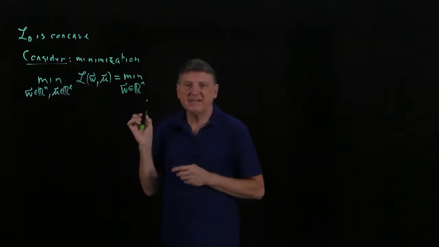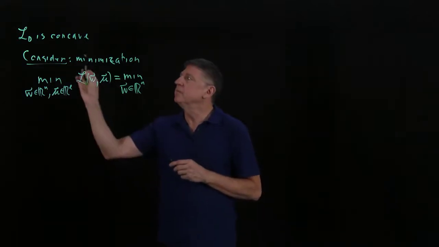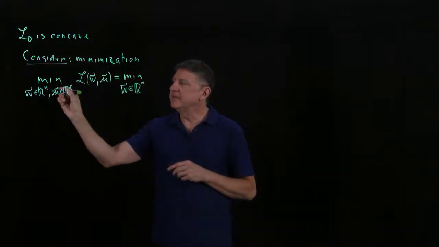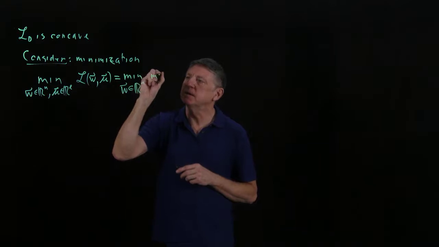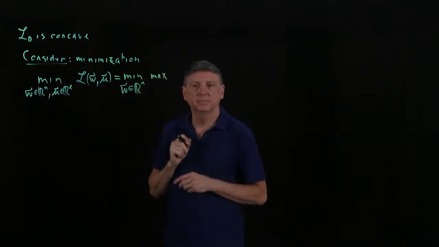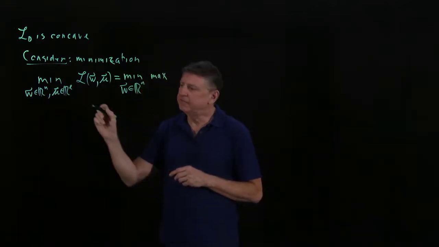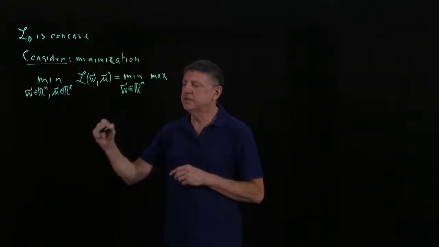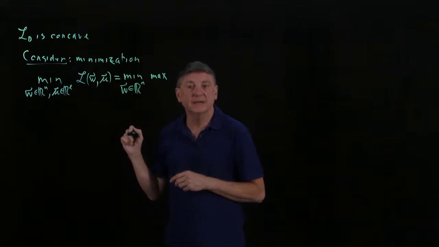Except they're not exactly min problems, right? Because this is concave, solving this min is actually solving a max problem. If a function is convex, we're looking for a min. If a function is concave, we're looking for a max.